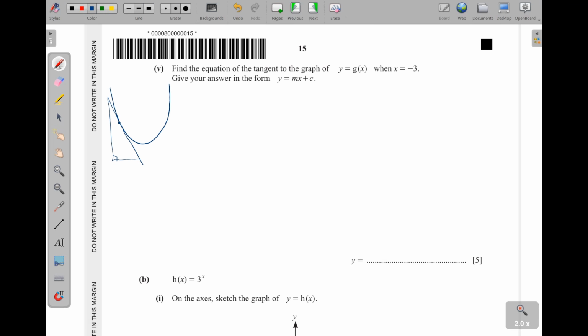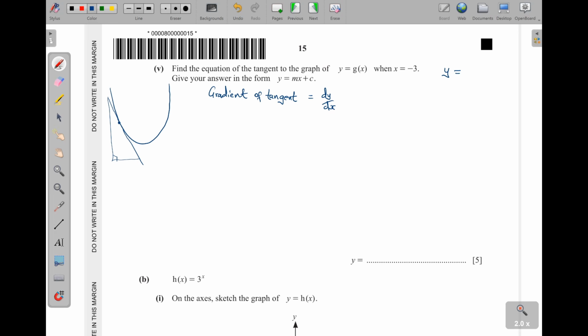And we use differentiation to find the gradient of a curve. So the gradient of the curve is going to be equal to the gradient of the tangent. So the gradient of the tangent is going to be equal to dy/dx when we differentiate.